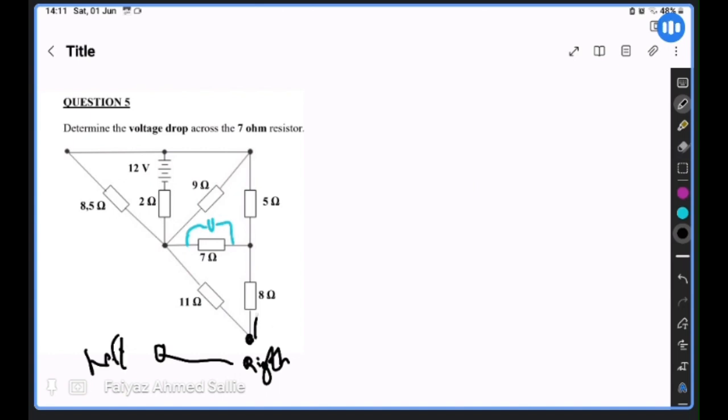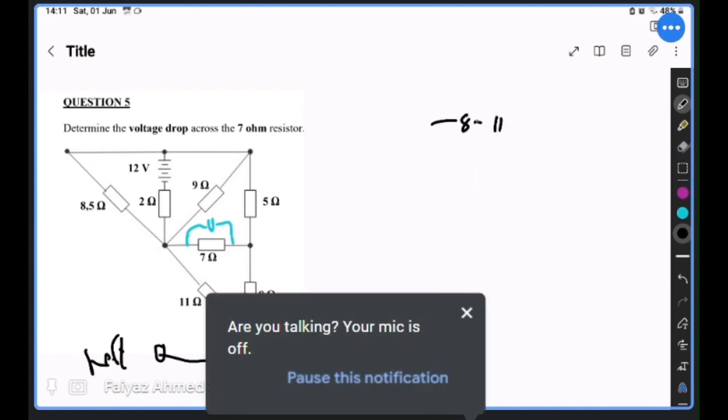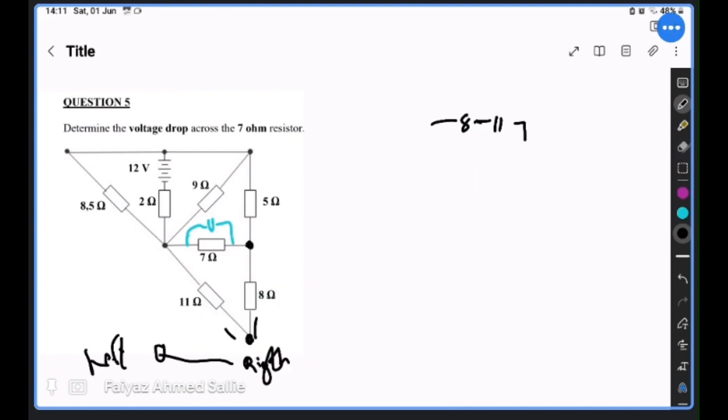Starting at this point, we have 8 and 11, right? After 8 and 11 we have to come down to this point, which then branches off. So from the 8 we come down, and then we have to branch off.